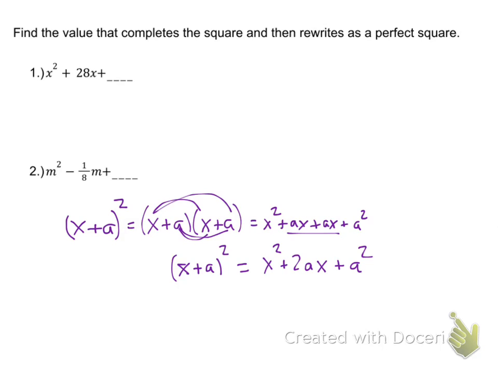Yes. Okay. What if I wanted to go from here to there? What if I wanted to say, hey, could I complete the square? Could I find a value of a squared that if I factored one of these guys, it ends up being x plus a squared?